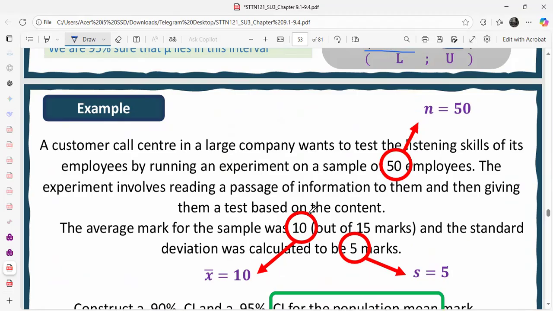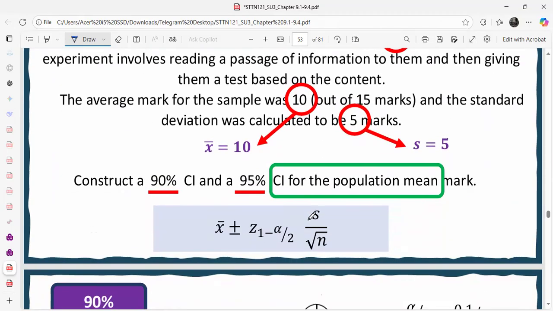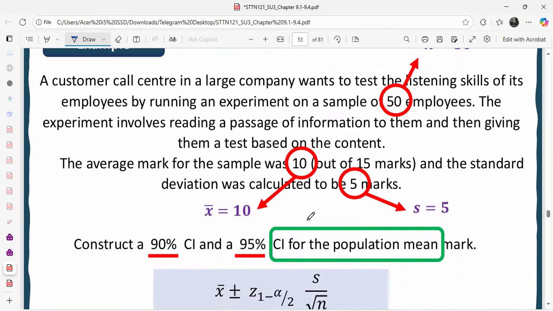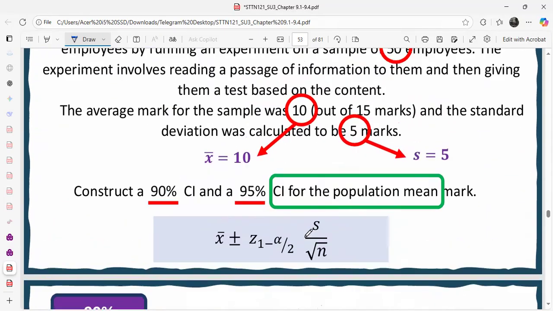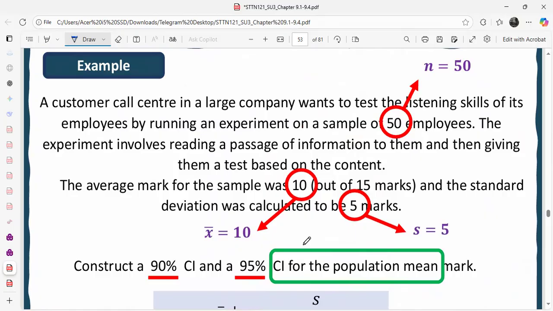And then what's the other one? This one, okay. I think it's the same thing as the previous question that we're doing. You just need to check if you are dealing with a population standard deviation that is known or unknown, and we also check the value of n. When you look at this one, n was 50 employees, the sample mean is 10, and the standard deviation is 5.